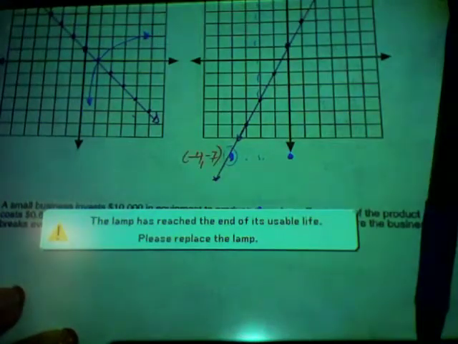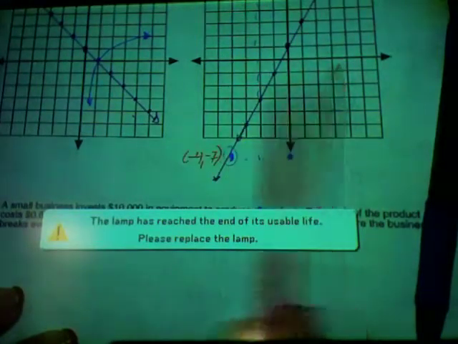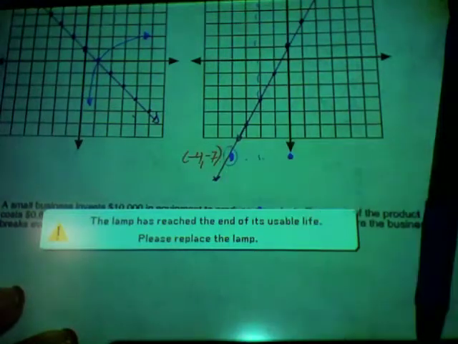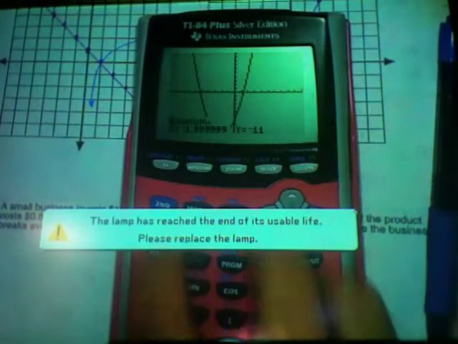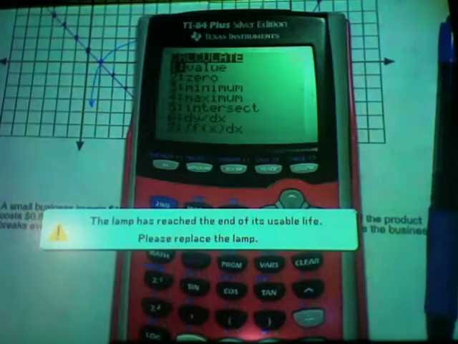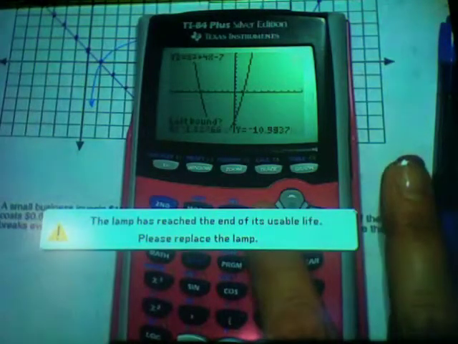Then, what are the other critical values that I should graph on here? How about where the parabola crosses the x-axis? How can I find those on here? So go to your calc menu. What are you looking for? Zeros. So you're going to hit 2. And so they want left bound.